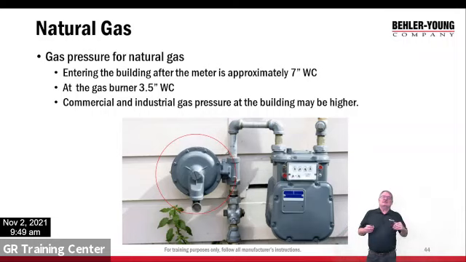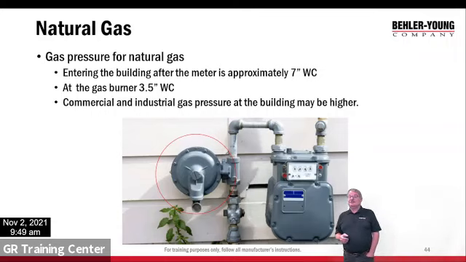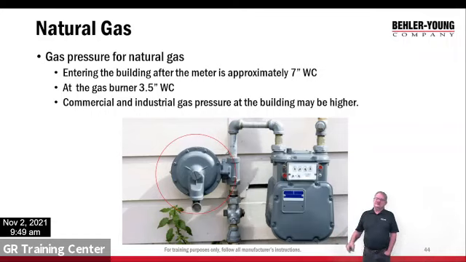Okay, so first thing we need to do is regulate the pressure. That little circle thing next to my gas meter is a pressure regulator. We need to lower the gas pressure before it goes into the house, be it natural gas or LP.